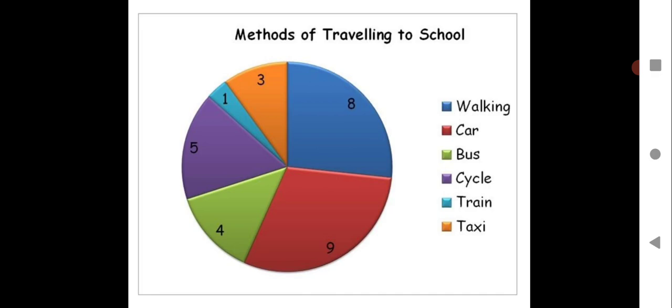You can compare also. Then you can see walking 8, then cycle 5. So you can get so much information with the help of the pie chart. Here you can make out which one is mostly used, walking or car or bus. You can easily make out.